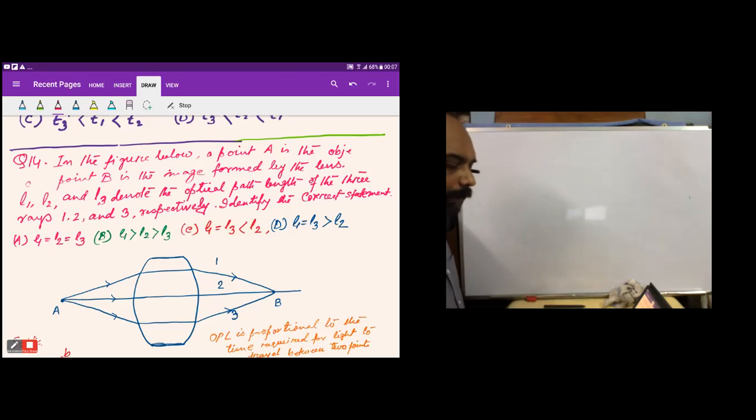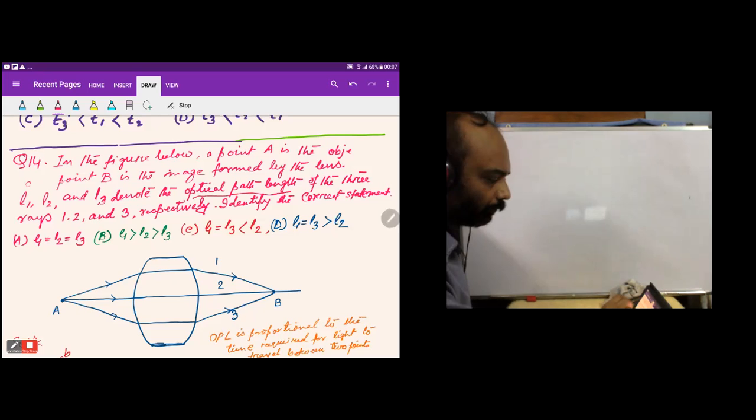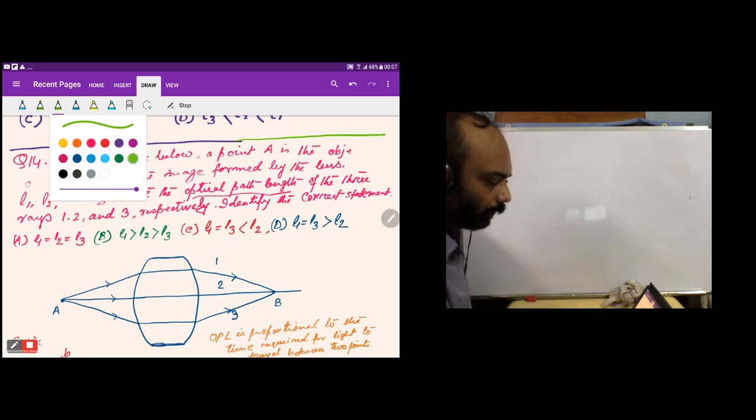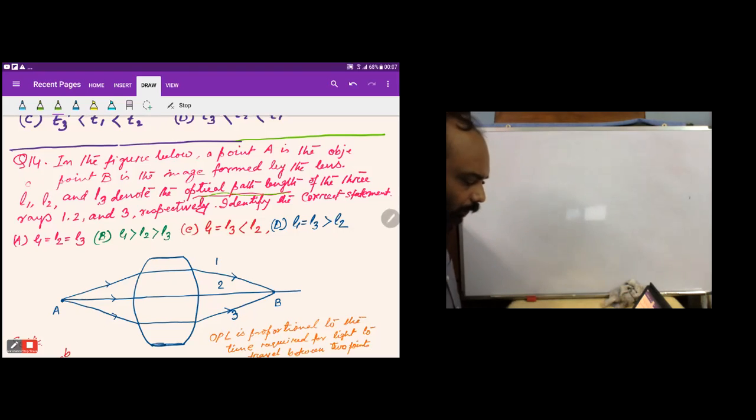Identify the correct statement. Here, one special term, optical path length, is used. OPL, we write.